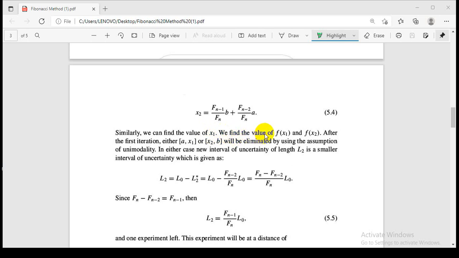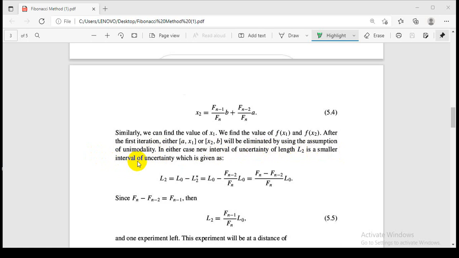We find the value of f of x1 and f of x2 after the first iteration. Either A to x1 or x2 to B will be eliminated by using the assumption of the unimodal model. In either case, the new interval of uncertainty has length L2.